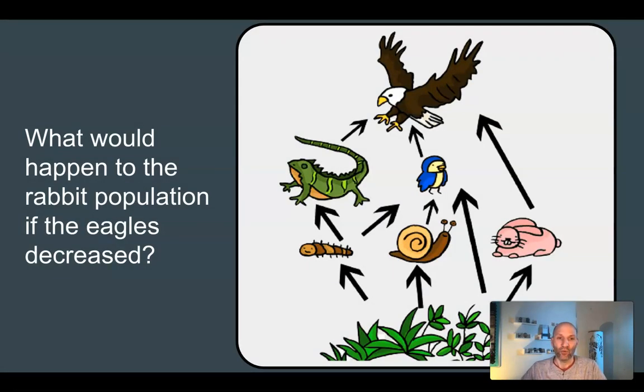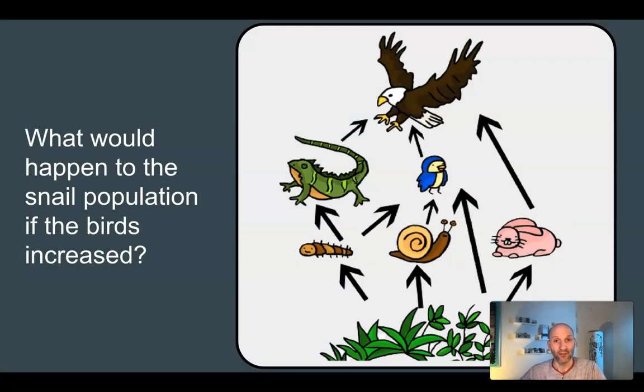What would happen to the rabbit population if eagles decreased? So in this example, I'm removing predators because the rabbits are being eaten by the eagle. So if there's fewer eagles, well then the rabbit population will get larger. There's fewer things eating the rabbits, the number of rabbits would increase.